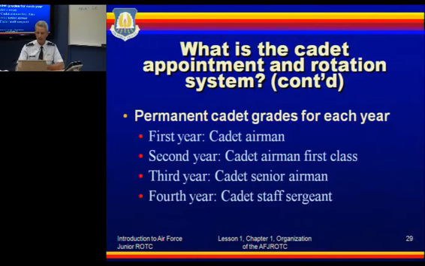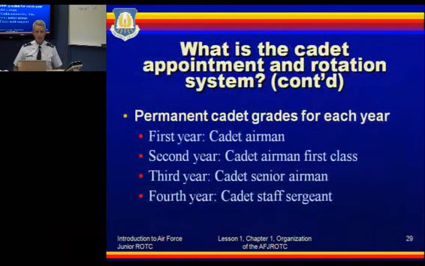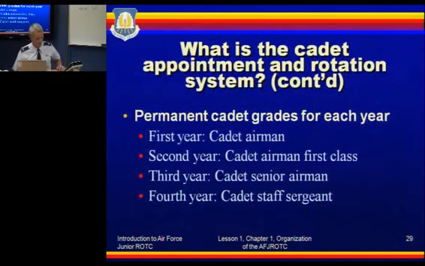The bottom line is that the first year cadets at Prescott High School, let's see, and I can actually put this on the board here. You have to, for first year, you can equal E4.